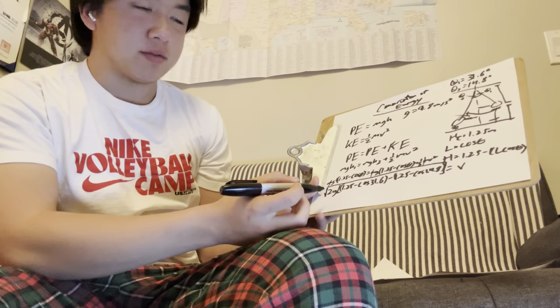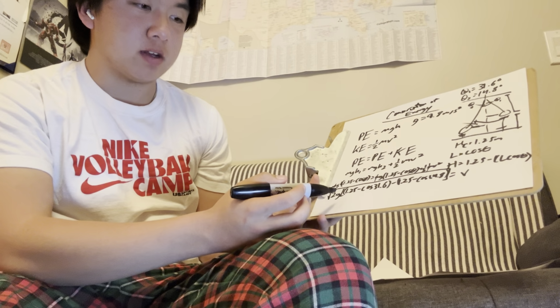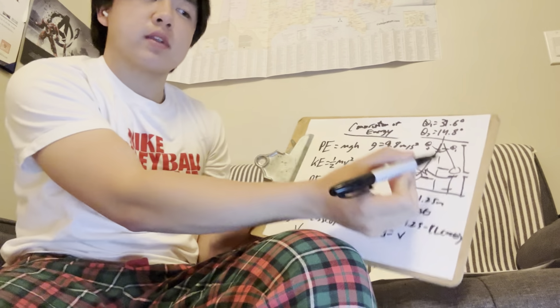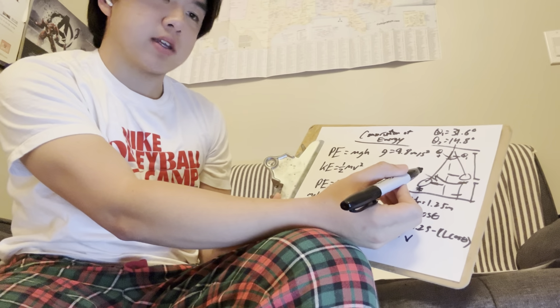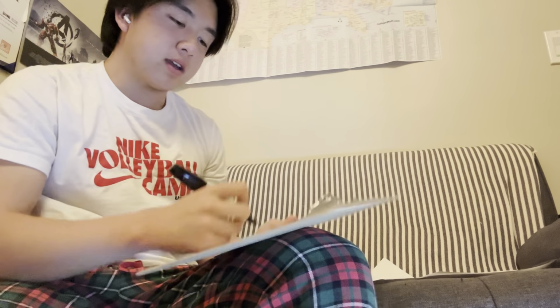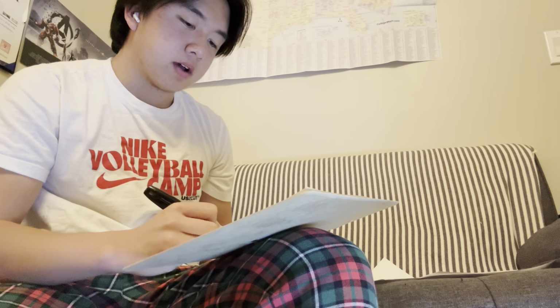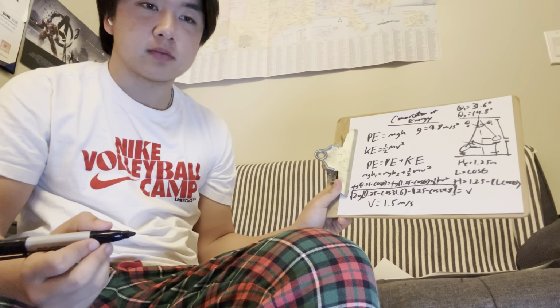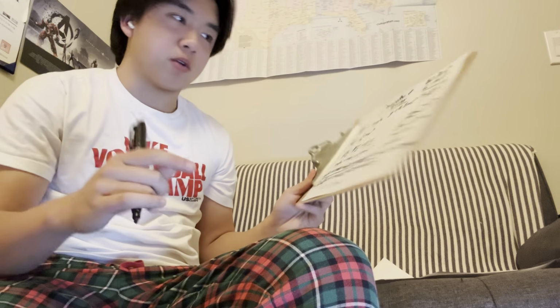When you input all of the values that we know into this equation and solve for velocity, we will get that the velocity when the string is cut and the mass turns into a projectile, the initial velocity will be about 1.5 meters per second.